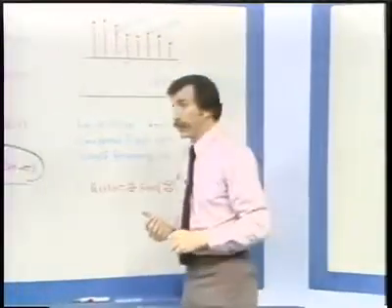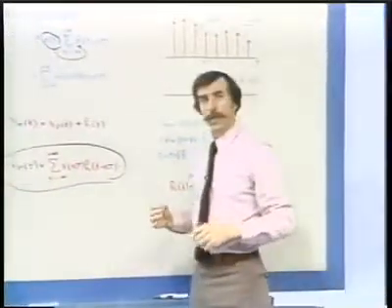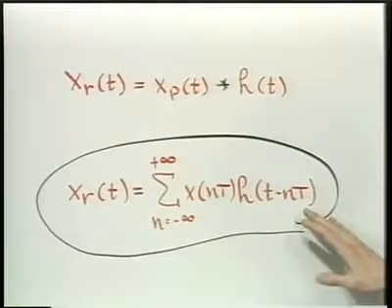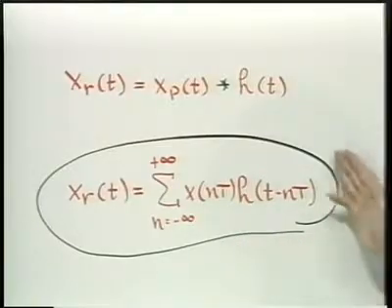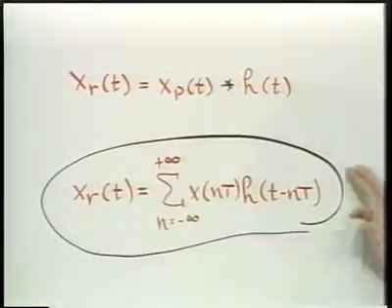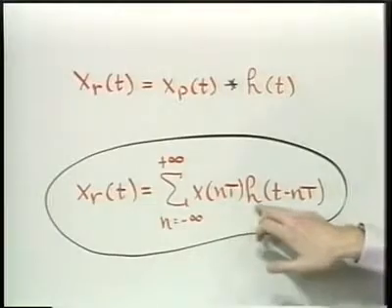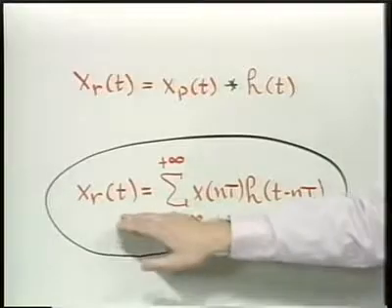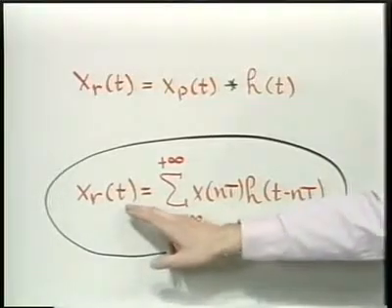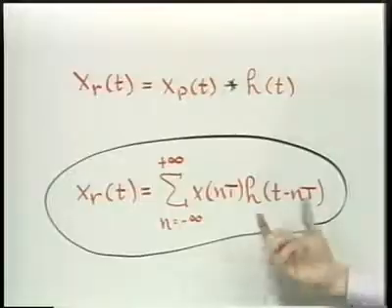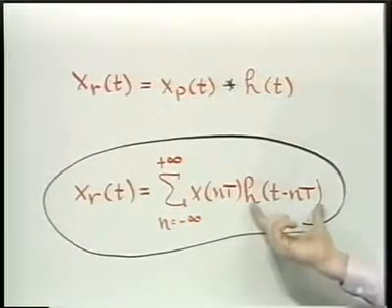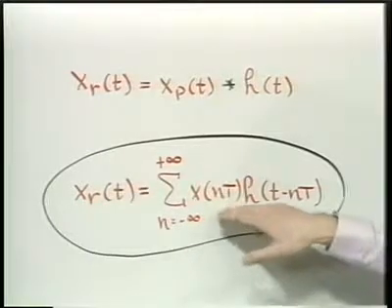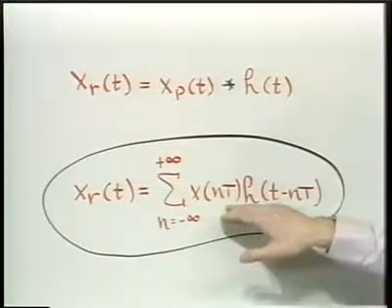And let me stress that this reconstruction process, by putting the impulses through a filter, follows this relationship whether or not this impulse response, in fact, corresponds to an ideal low-pass filter. What this expression always says is that reconstructing this way corresponds to replacing the impulses by a shifted impulse response with an amplitude corresponding to the sample value.